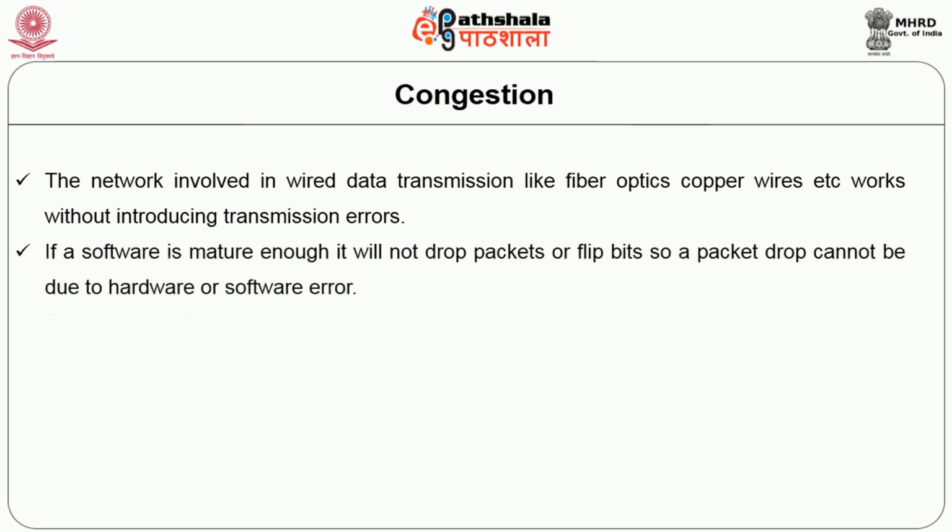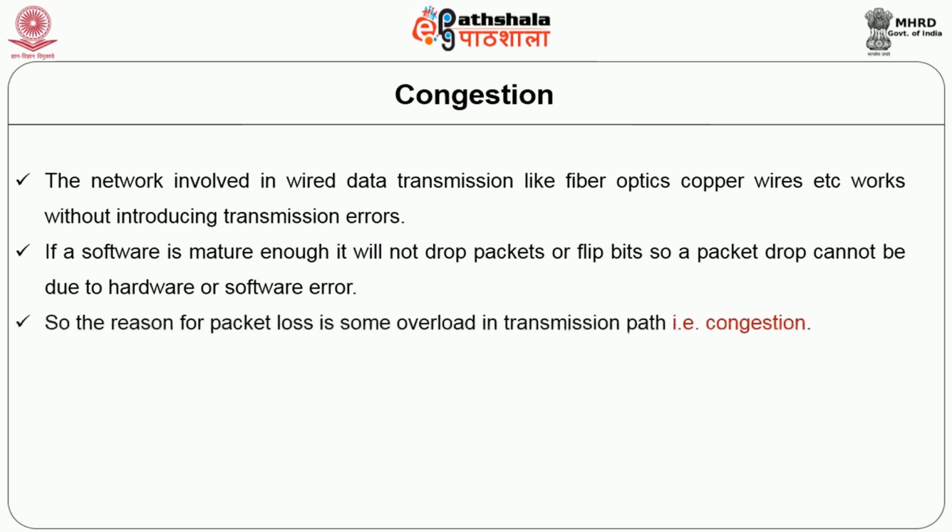And the software is also mature enough so it will not drop packets or flip bits. If a packet from a sender to a receiver is lost in the fixed network, then it is not due to hardware or software errors. The only probable reason can be that there is a temporary overload at some point in the transmission path, and this is known as congestion.